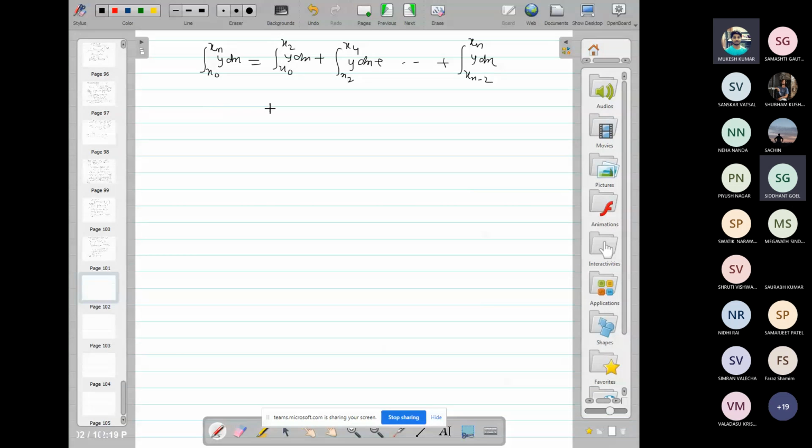To apply this formula, n must be a multiple of 2. Suppose this is I1, this is I2 and so on, this is In.